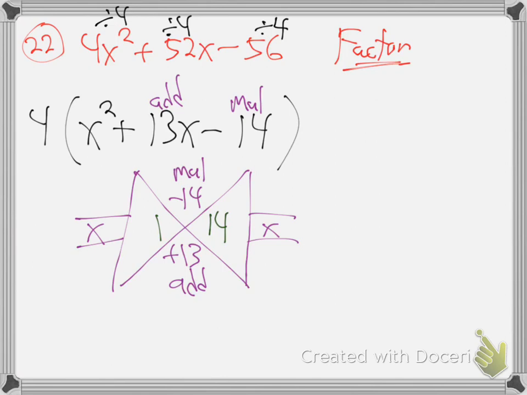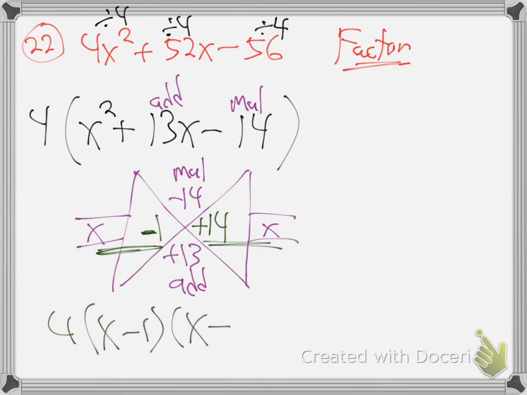How do the signs go? The bigger one is plus: plus 14, minus 1. Those multiply to be negative 14 and add to be 13. So 4 times x minus 1, x plus 14. And that's it.